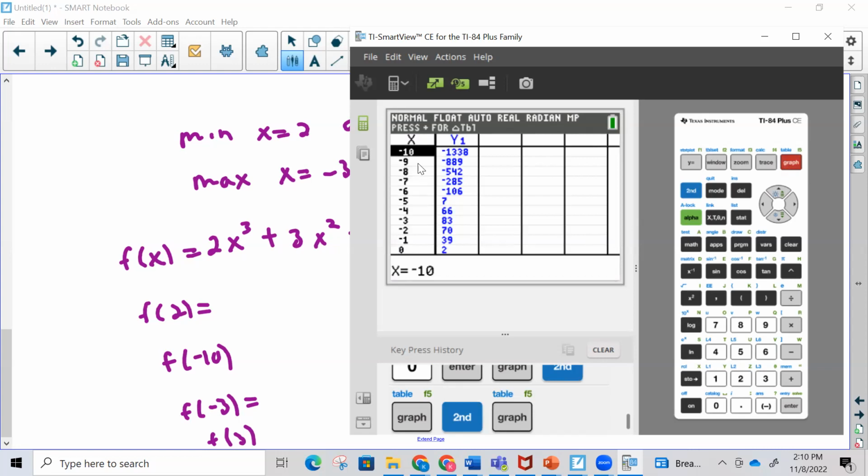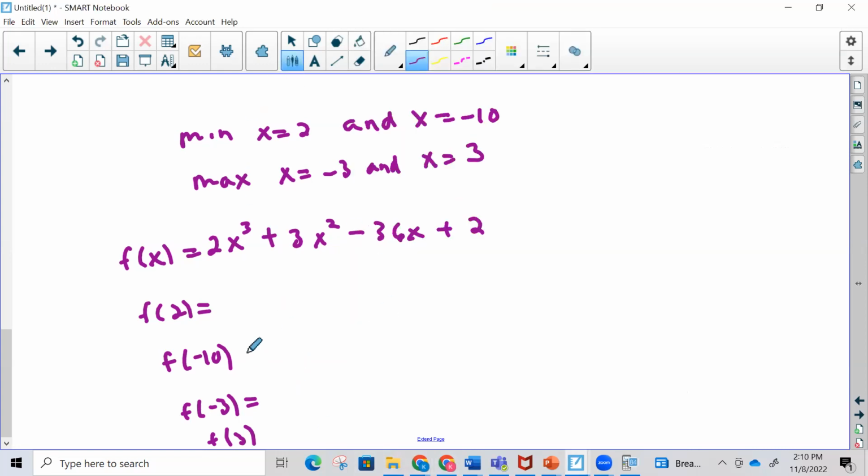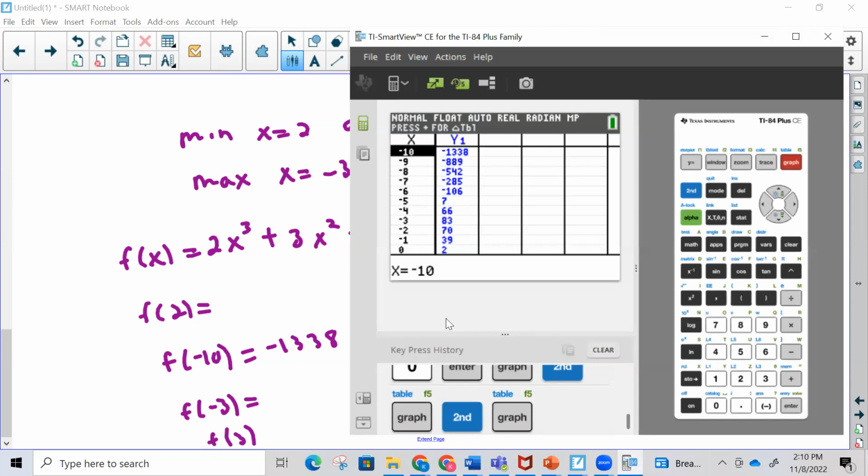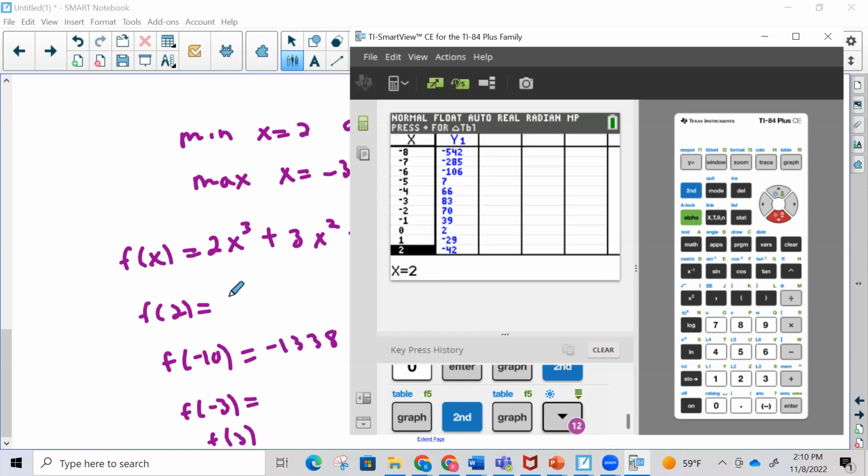So I can see, okay, at -10, my value is -1338. Okay, at 2, I'm going to go to x equals 2. It's -42.